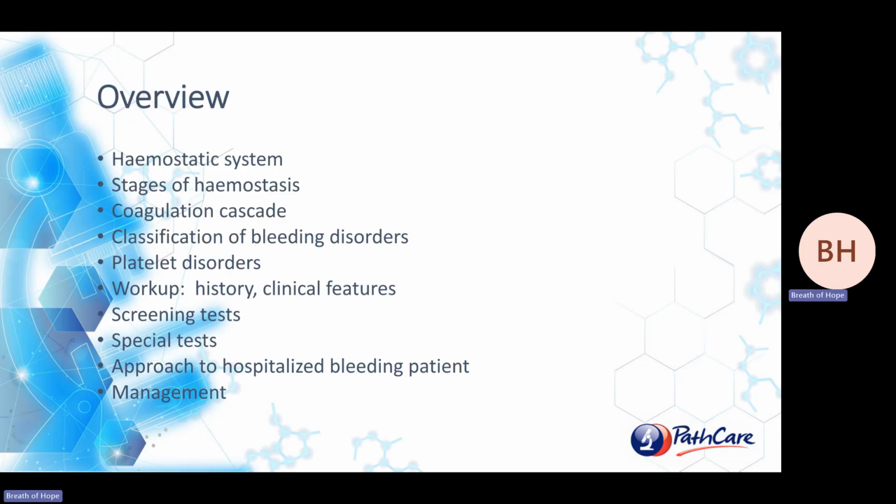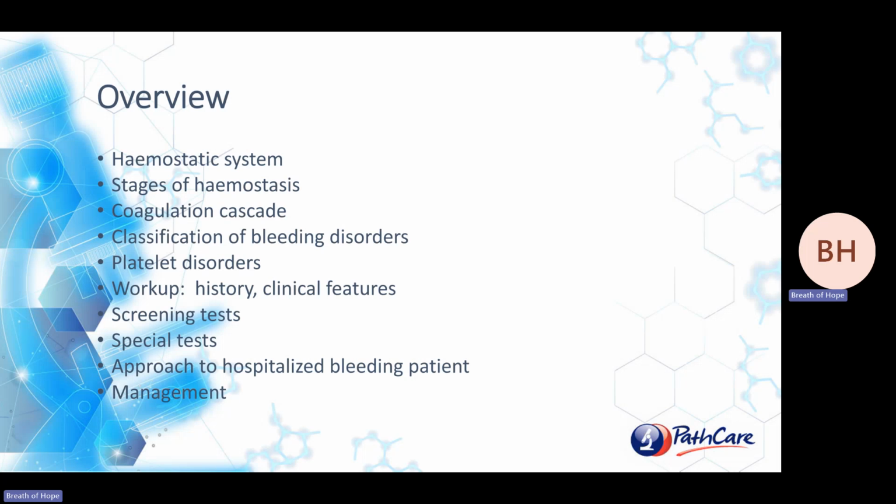Okay, so I'll just be covering a little bit of physiology or pathophysiology, just going over the hemostatic system, the stages of hemostasis, the coagulation cascade a little bit, and then how to classify bleeding disorders. There's different ways of classifying it. None are more correct than the others, but just to give you a brief overview of that, a little bit about platelet disorders, and then to the meat of the topic, which is the workup of the bleeding disorders, including your history, clinical features.